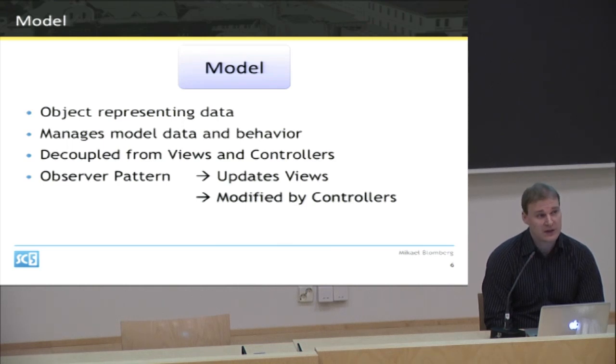How many are familiar with the observer pattern? Okay, I'm not going to go in deeply into that, but the idea is that you observe something else. And when something happens to that thing you're observing, you can react to that change. That's the observer pattern, briefly. So the model updates the view, and the model is modified by the controllers.